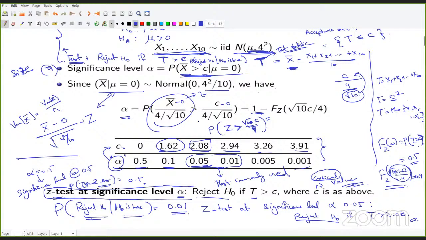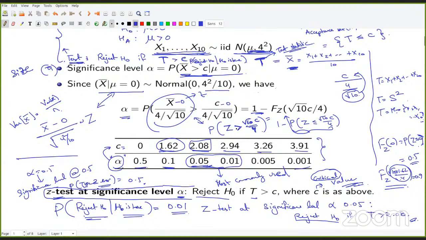We don't know how to compute when it is a greater than symbol, so we convert it into CDF form: 1 minus the probability of Z less than or equal to root 10 C by 4. That is how this 1 comes into the picture.